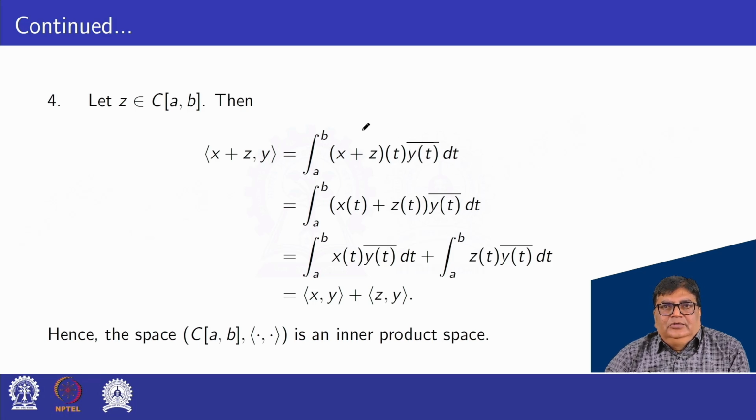This can be written as the integral from a to b of (x(t) plus z(t)) y(t) bar, that is the integral of x(t) y(t) bar dt plus the integral of z(t) y(t) bar dt. As per the statement of this theorem, this can be written as inner product of x, y plus inner product of z, y. Hence the space C[a,b], that is the ordered pair of C[a,b] and the given inner product, is an inner product space.